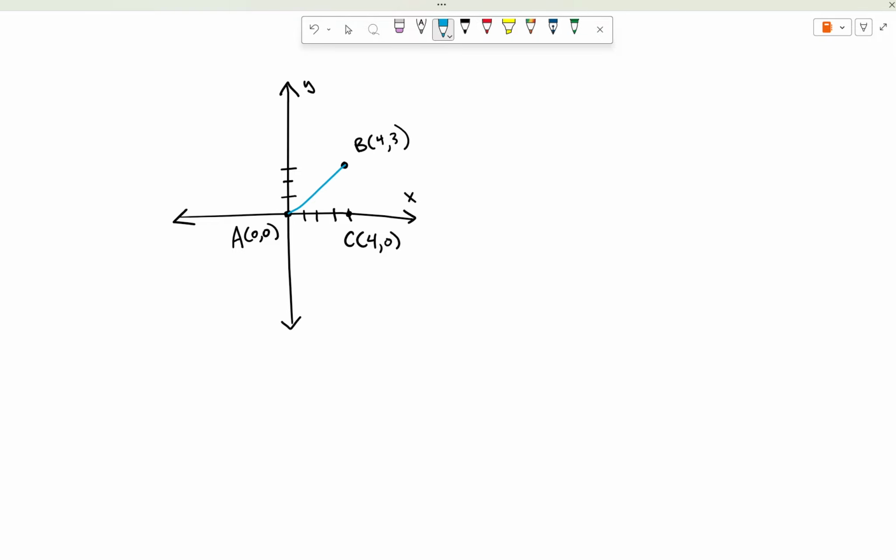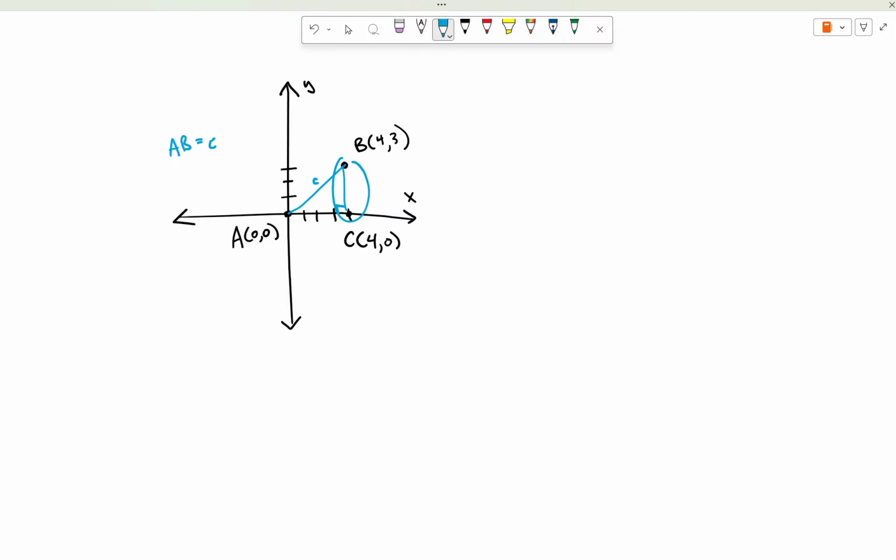I could plot these points, and this is going to be a right triangle, so we're going to be able to utilize the Pythagorean theorem. One thing I'm going to show you is a notation thing I hope you remember from when we discuss triangles: this line segment AB is opposite this coordinate C. So we're going to use a lowercase c to denote the side. So this is lowercase c.